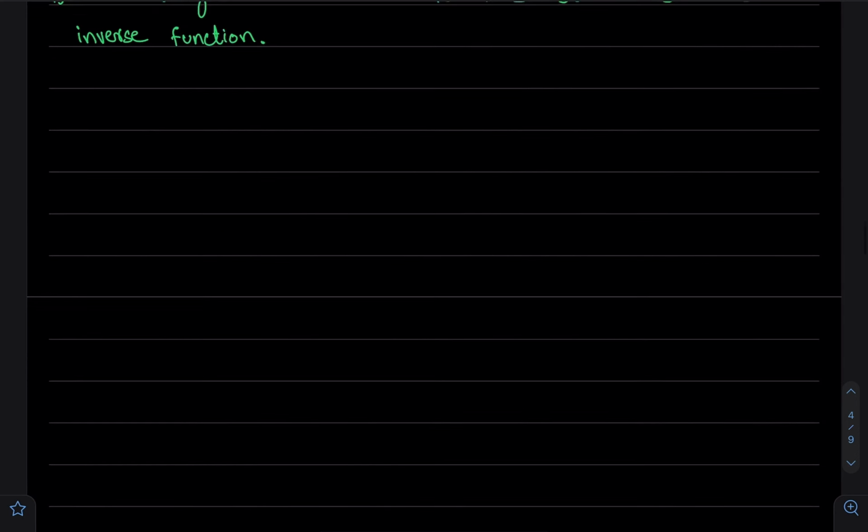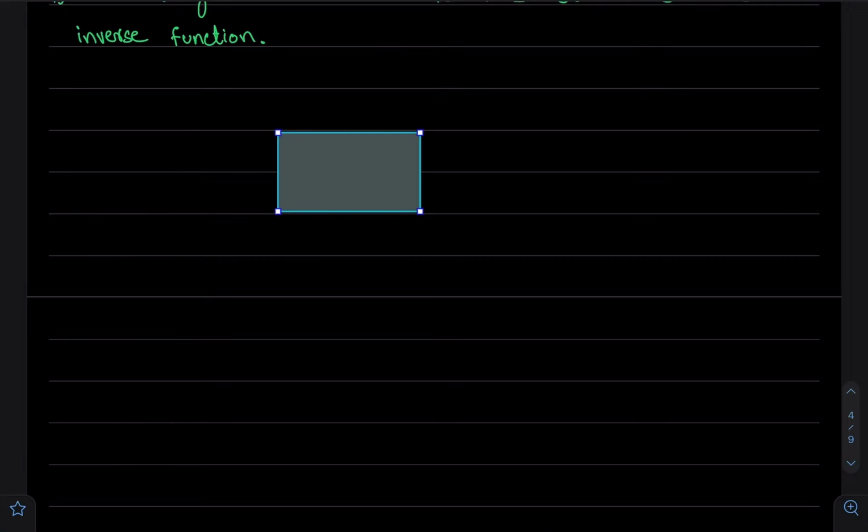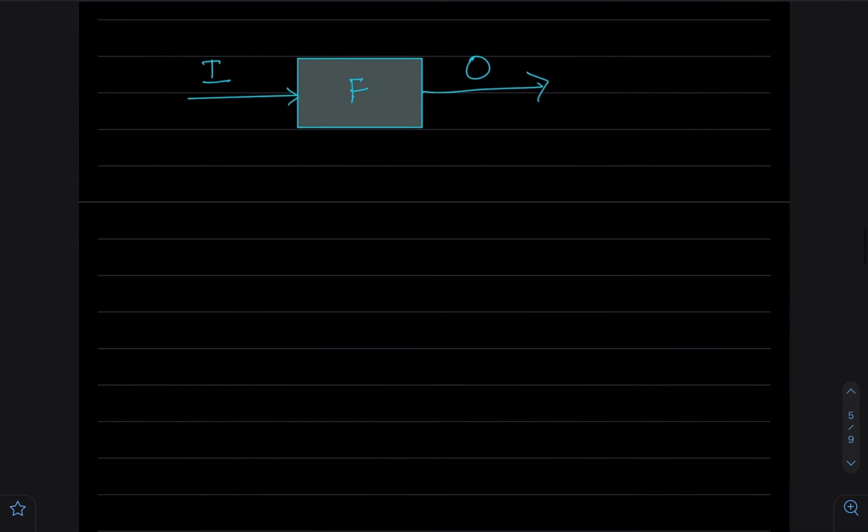Now I'll give you another example to cement your concepts. We've got this function which is a machine. Okay, we're inputting something and we're getting the output. This is our input, this is our function, this is our output. Now what did we make? We made a reverse machine.